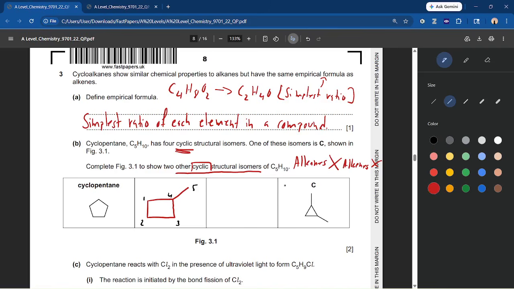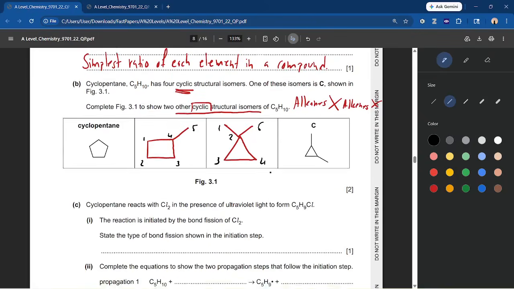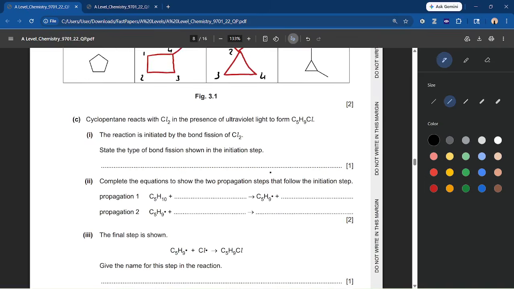Another one that you can do is maybe like a triangle, sort of following this one over here, and then one over here and one over there. So that'll be 1, 2, 3, 4, and 5. Remember, you don't have to count this because it's already been counted there. So that's going to be your cyclic structural isomers.